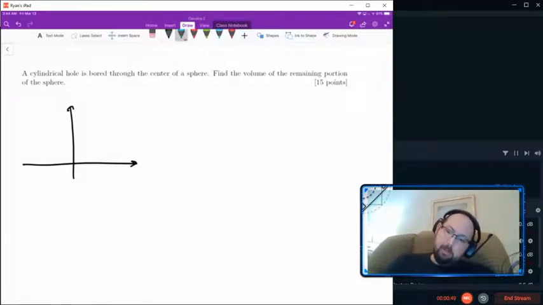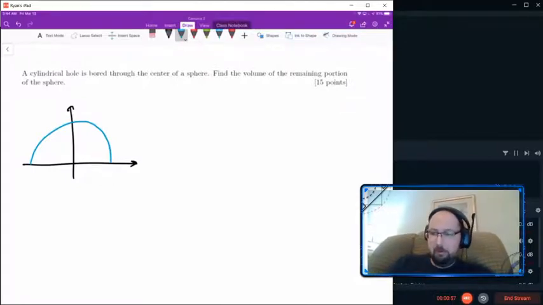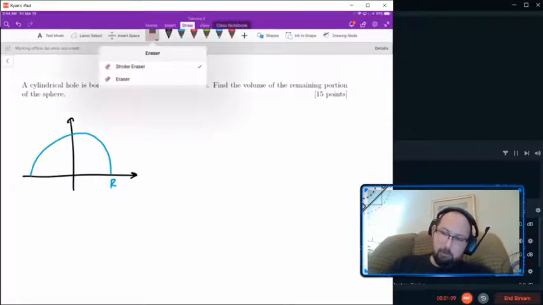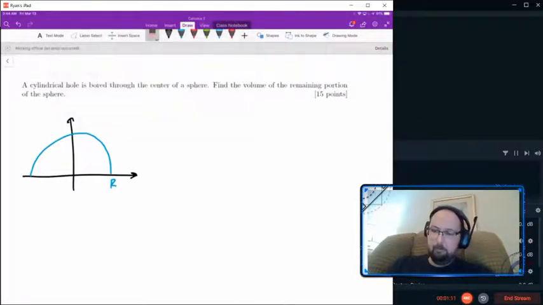So if I draw at least the XY plane's cross-section of a circle, cross-section of the sphere, I should say, I've got this shape with, let's say, radius big R, but there is a cylindrical hole cut through the middle of the sphere.